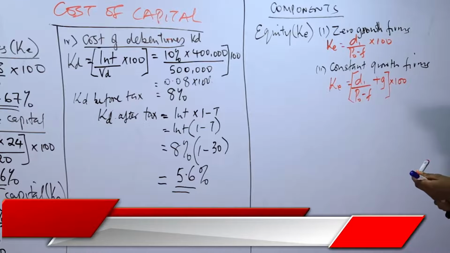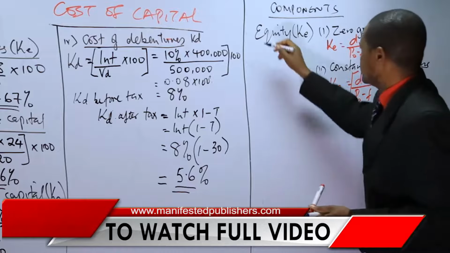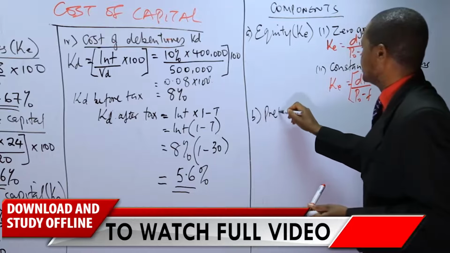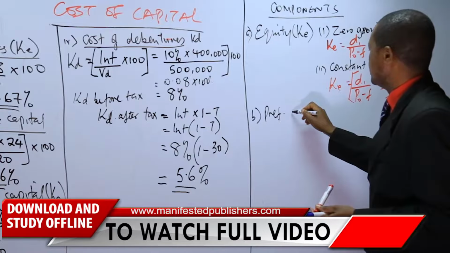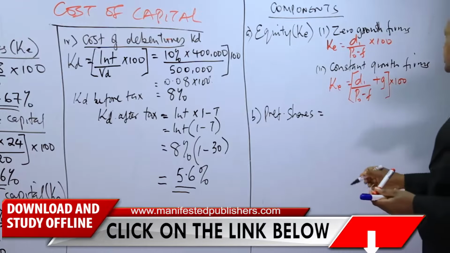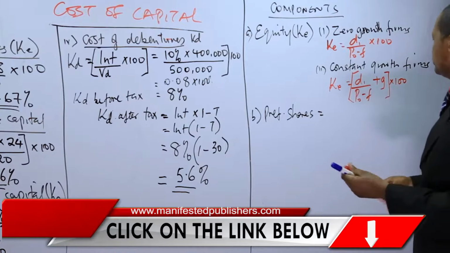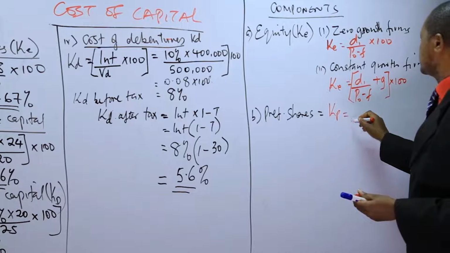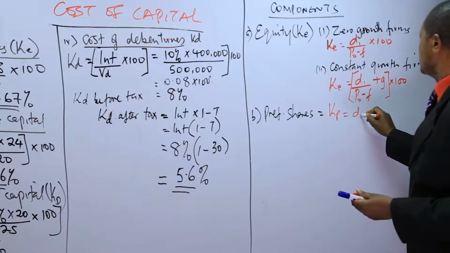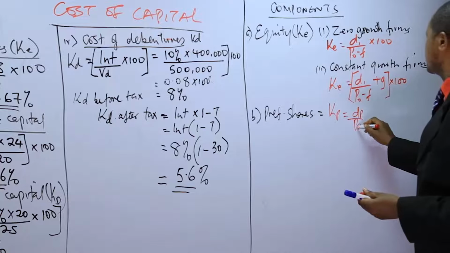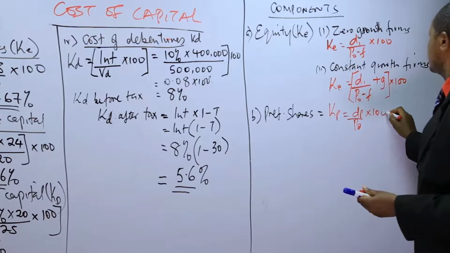Then we have also discussed the preferred stock. This is A. B, we talked about preference share capital. Preference shares, and you say that the formula will be KP, which is equal to DP over P0 times 100.